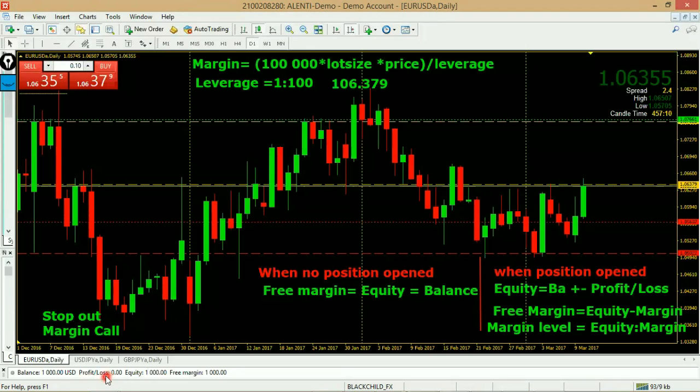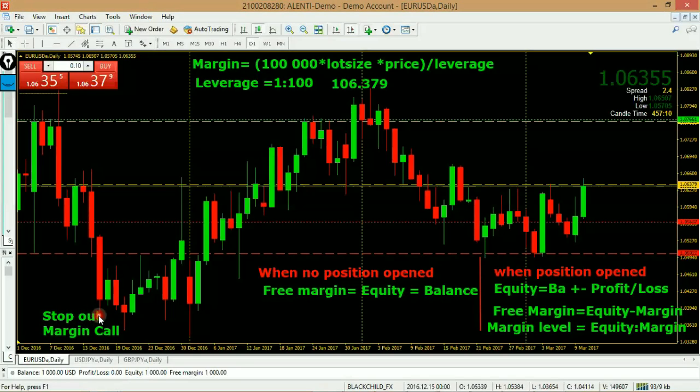You have lost enough pips or enough money. Your equity has depleted until it is equal to your margin. Remember, it depends on the broker. Some brokers do stop you out or give you a margin call before you reach your stop out level.